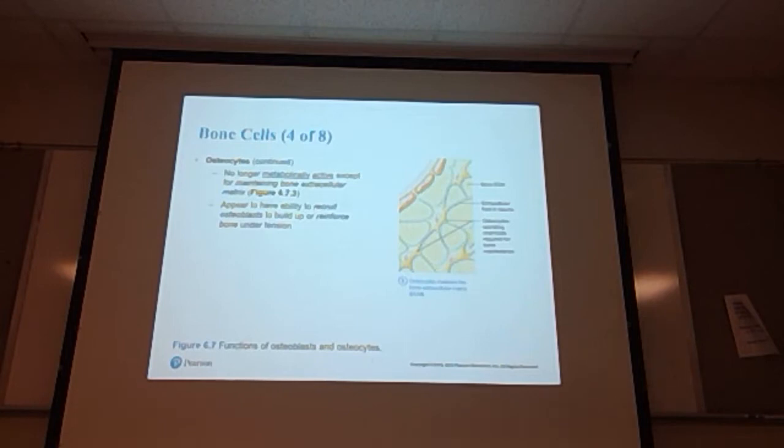They appear to have the ability to recruit osteoblasts to build up and reinforce the bone under tension. So here is the osteocyte. This little structure right here that the osteocyte rests in would be called the lacuna. This is the extracellular matrix of the bone here. And again, the fluid in the lacuna.